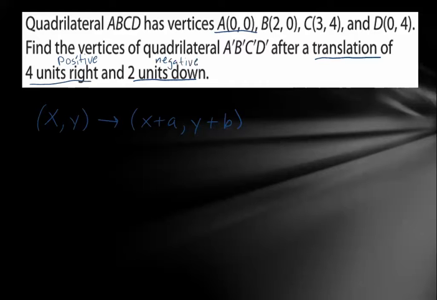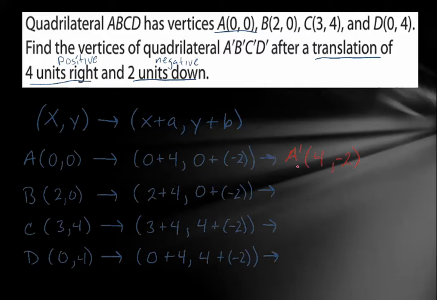So we're going to do this notation for all four of these coordinates. Okay, so A prime is (4, -2), because we added 4 to the 0 and -2 to that 0.